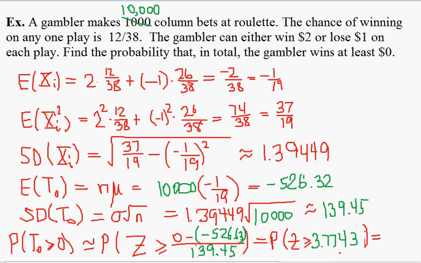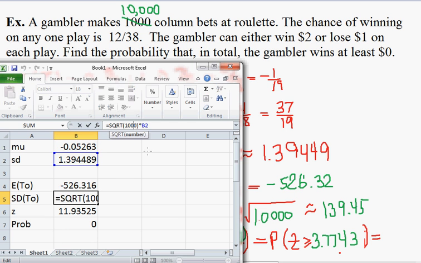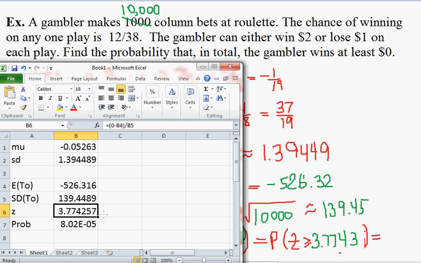And then we once again use Excel to figure out the probability, the area to the right under the normal curve. So using Excel, this is now 10,000 here as opposed to 1,000. This number is also 10,000 as opposed to 1,000. So the z-value is 3.774257, and the probability of that event happening is about 8 times 10 to the minus 5.